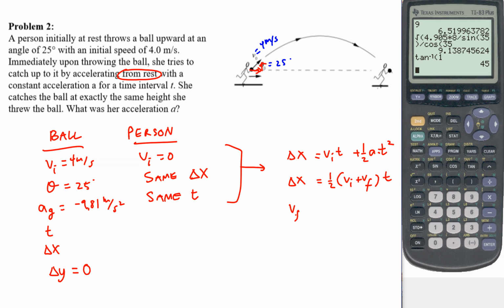There's also vf squared equals vi squared plus 2a delta x, she moves on the x-axis, pardon me. And the final one is a equals vf minus vi over time. Okay, so once we find delta x and t, we can solve for her acceleration.